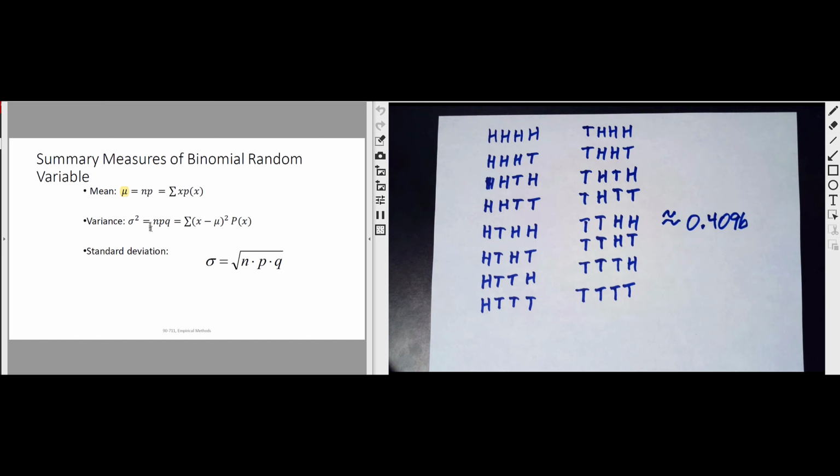This, after a little bit of algebra, turns out to be NPQ, the number of trials times the probability of a success times the probability of a failure. And we just take the square root of that then in order to get the standard deviation for this distribution.